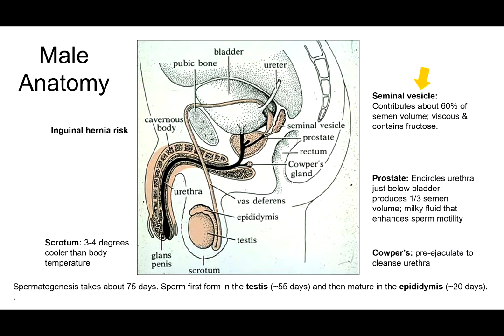That means the vas deferens actually has to go through the tissues that hold all of the internal organs inside the body, so it creates a hole through those tissues.